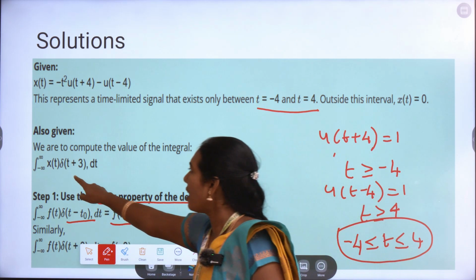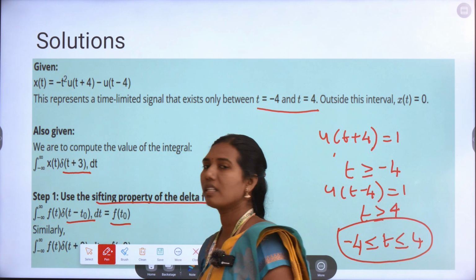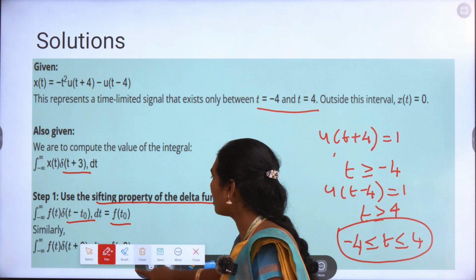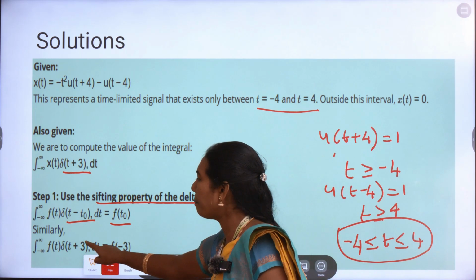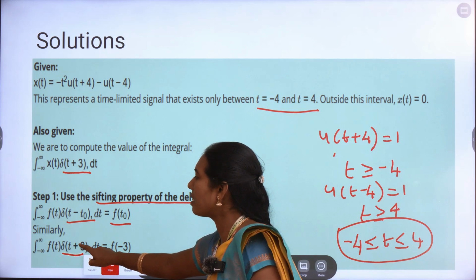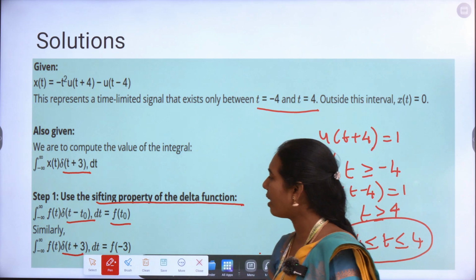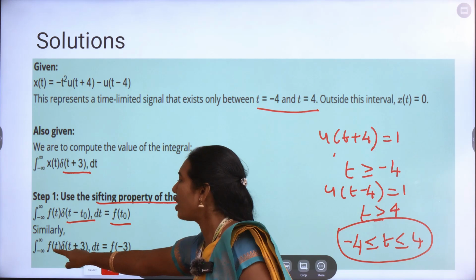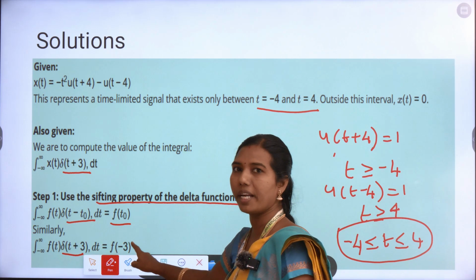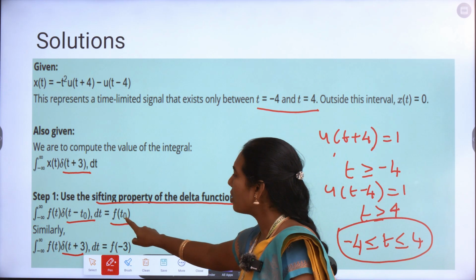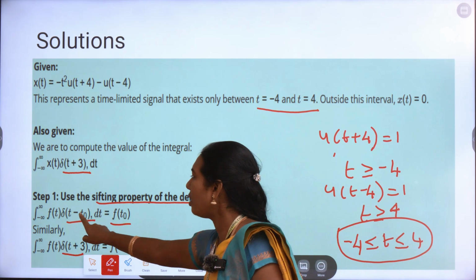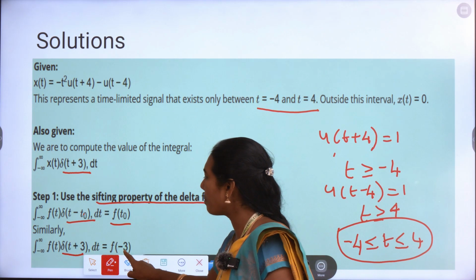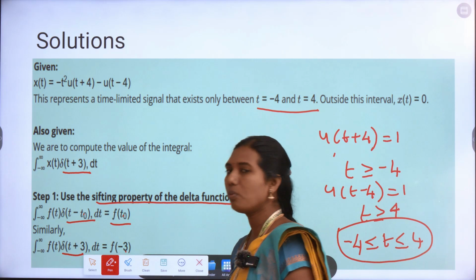Here we have delta of t plus 3, so t naught is equal to minus 3, and the integral gives f of minus 3.